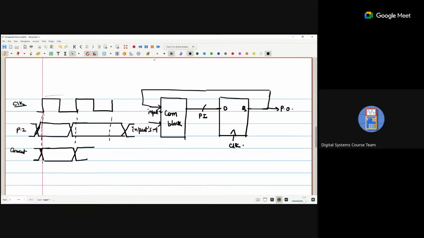Now what will be the next state? If my input is changed, my next state will change when I change the input.